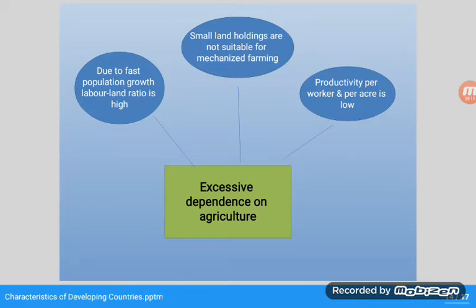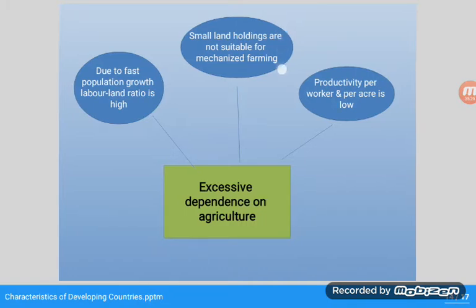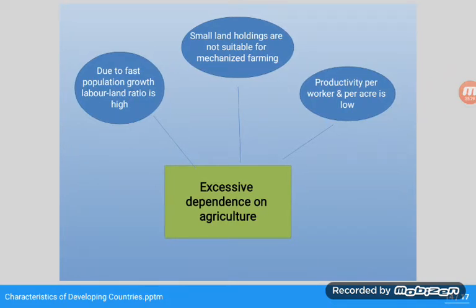This means that there are more people available to work on a smaller piece of land, and the small land holdings are not suitable for mechanized farming, since the inheritance of land from one family to other leads to creation of smaller and smaller farming, and mechanized farming needs a suitable size.